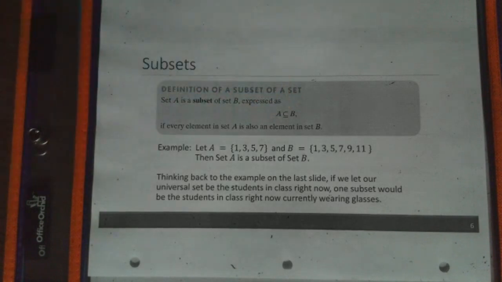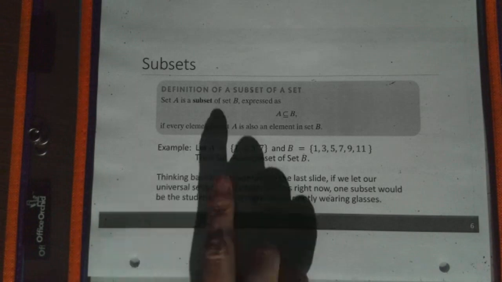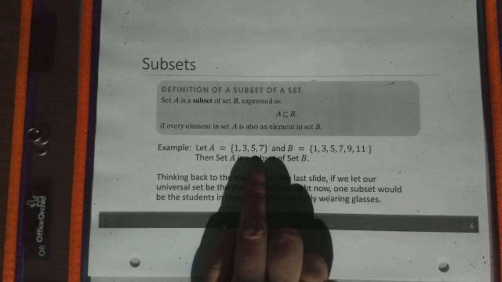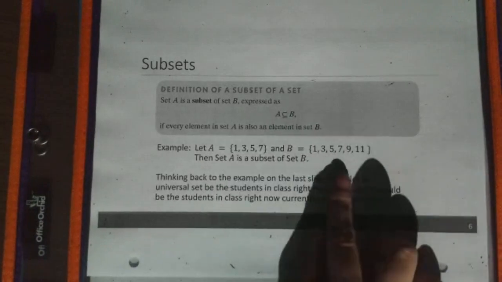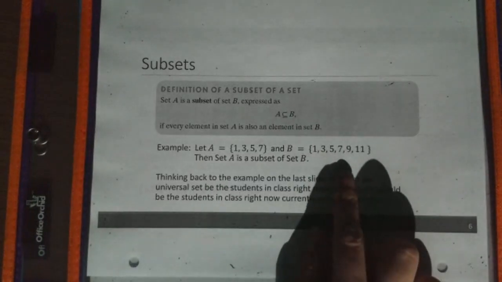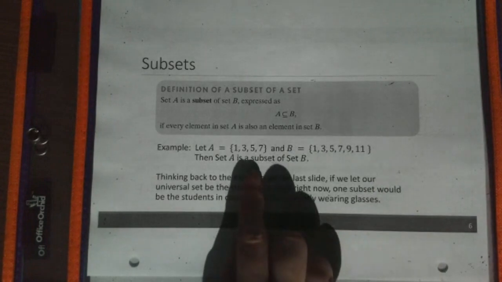If every element in set A is also an element in set B. So for example, if we let set A be equal to the set containing 1, 3, 5, and 7, and set B be the set that contains 1, 3, 5, 7, 9, 11, then we can say that A is a subset of B, because 1, 3, 5, and 7 are all elements within B. So B is the larger group, and A is the group that we picked from B.